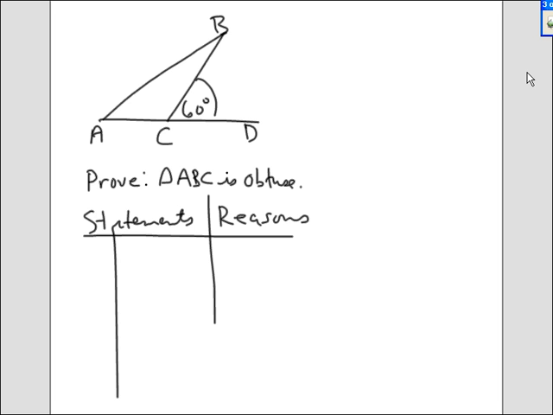So we're given that the measure of angle BCD is 60 degrees, and that's going to be given.